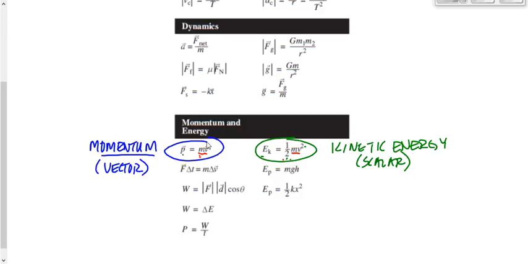Kilograms, good, kilograms. And velocity or speed in this equation would always be measured in meters per second, good. And momentum would be measured in, what are the units for momentum? Mass times velocity, kilograms times meters per second. All right, what about the units for kinetic energy?